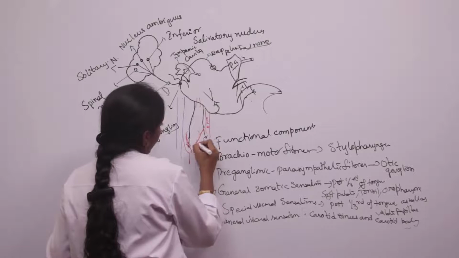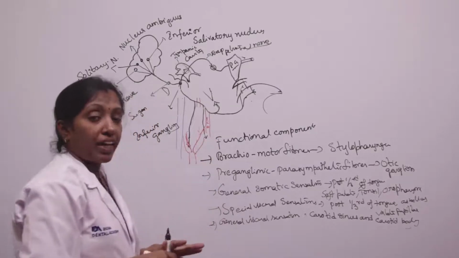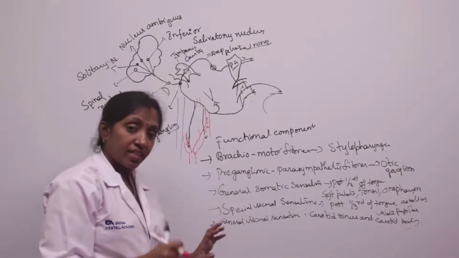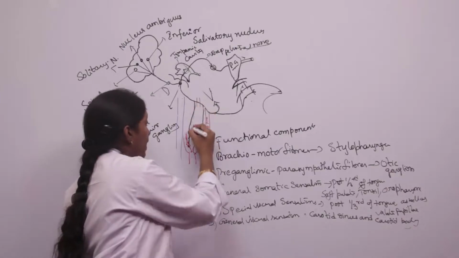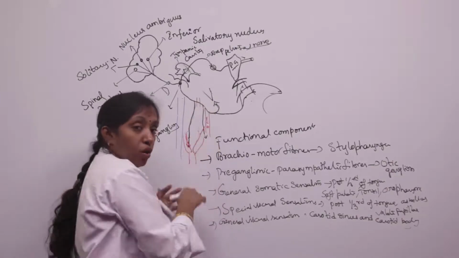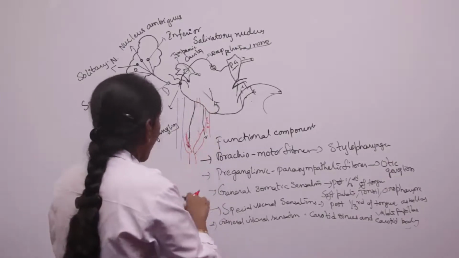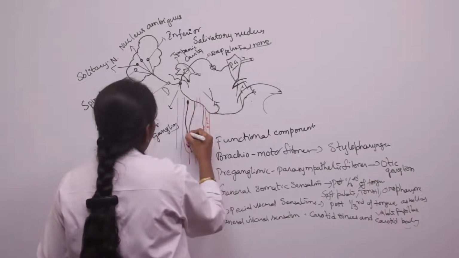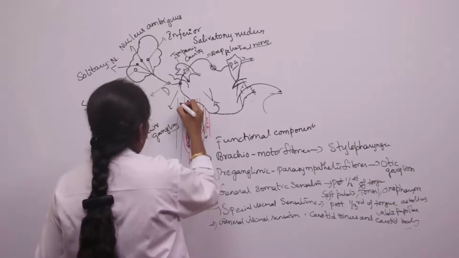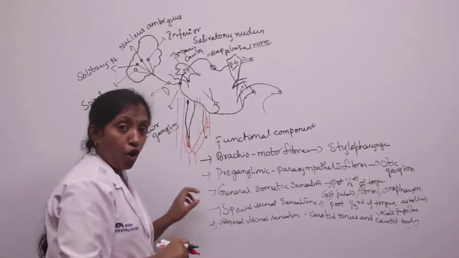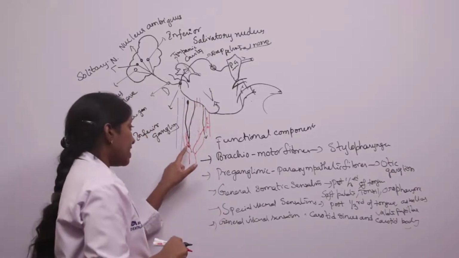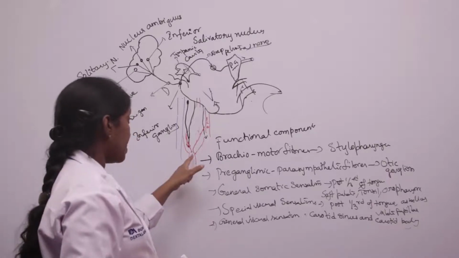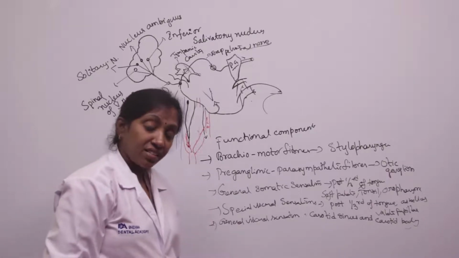At the division of the external and internal carotid artery, we have the carotid body as well as the carotid sinus. So the carotid nerve along with the similar branch from the vagus nerve as well as from the sympathetic plexus form the carotid nerves, and these carotid nerves supply the carotid body as well as the carotid sinus.